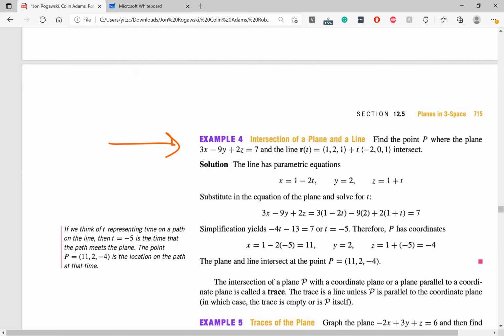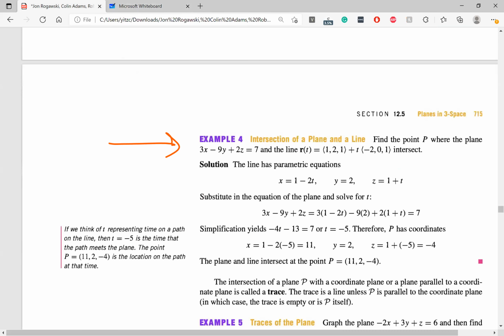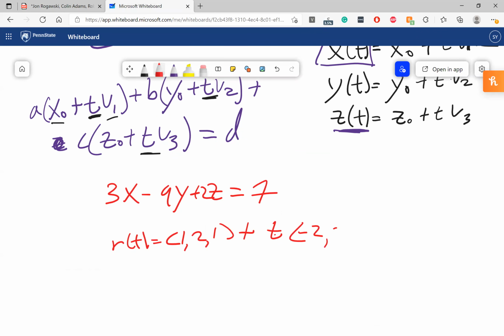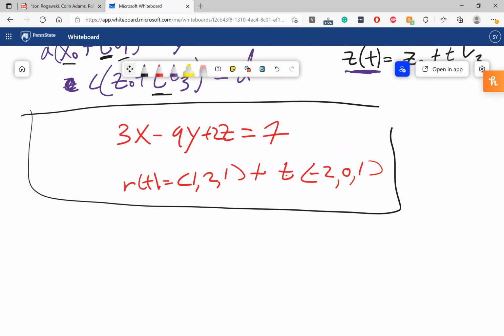And the line is given in the form r of t is equal to 1, 2, 1 plus t of negative 2, 0, 1. So these are my two equations. Then the question becomes, where do these intersect?